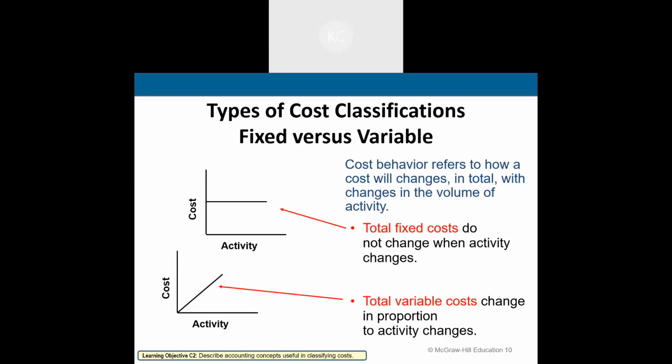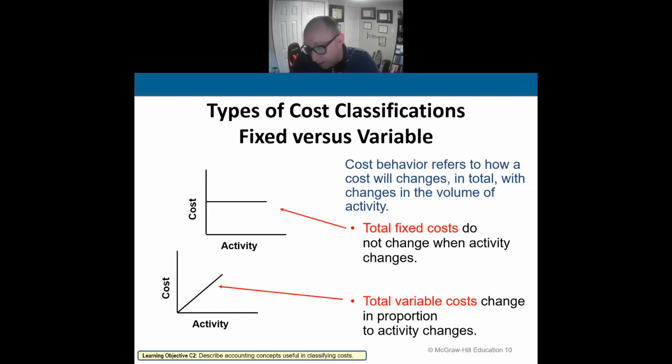Insurance, yeah, that would be a fixed cost. Utilities, they change, obviously. Electric changes over time. Every month it changes. That would be a variable cost. Yeah, I like insurance.